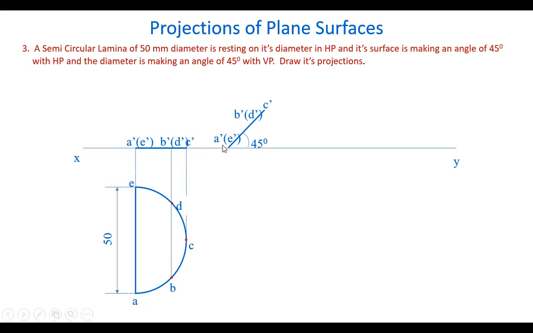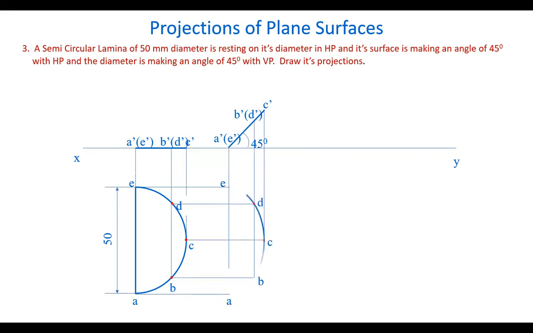This AE is now in the horizontal plane, so the diameter is in the horizontal plane, and C is, of course, raised. Draw projectors from all the points, draw horizontal lines, and mark these intersection points A, B, C, D, E. Join them all by a smooth freehand curve, except AE. AE is a diameter line, so it is a straight line. All the other points are joined by a smooth freehand curve like this.